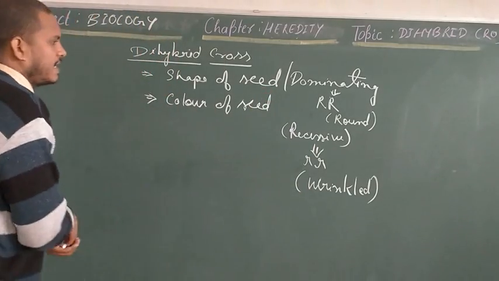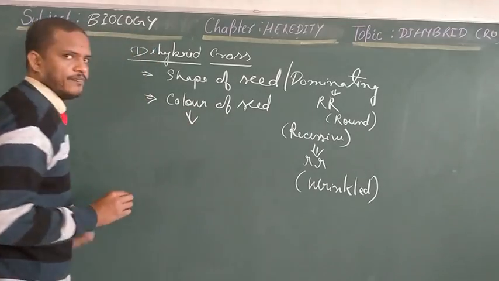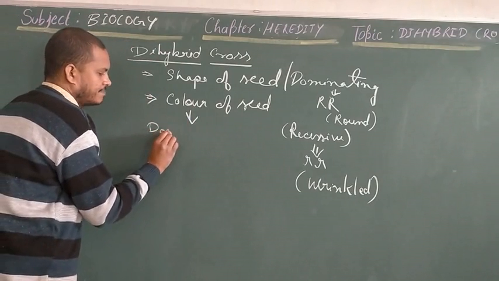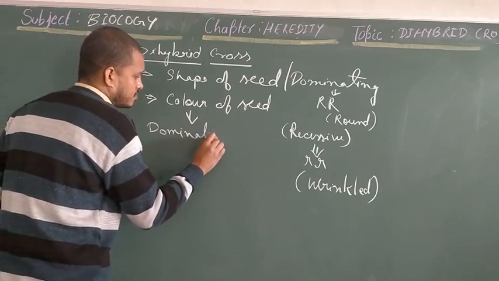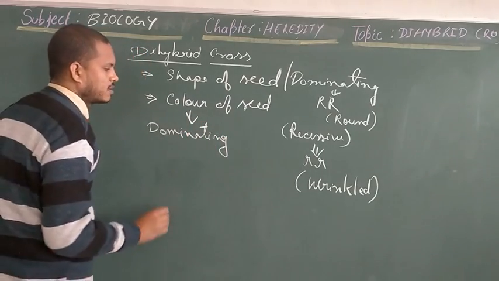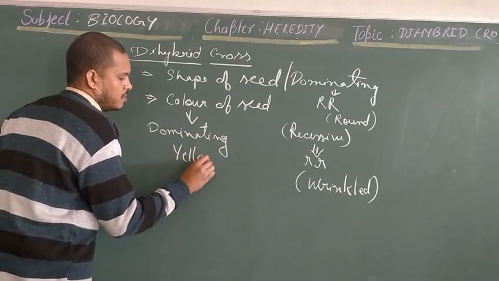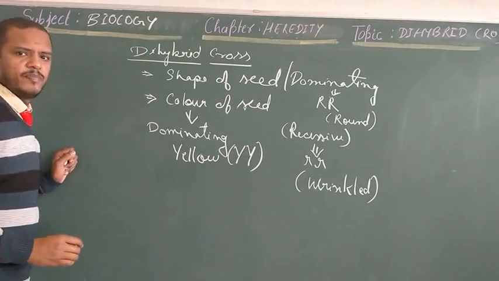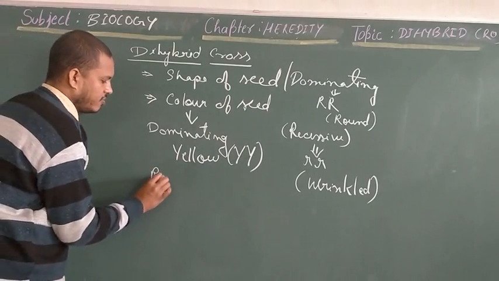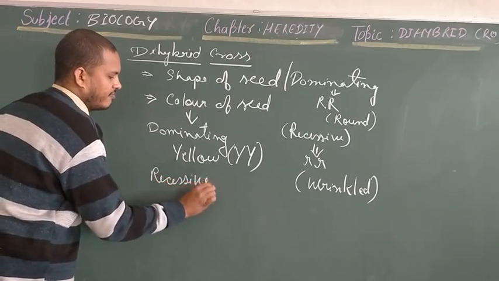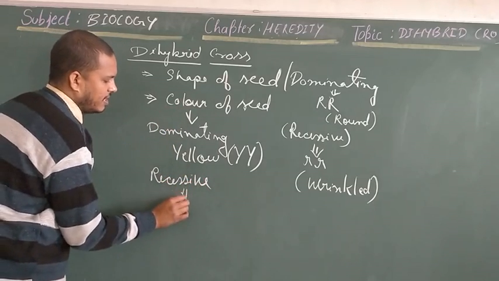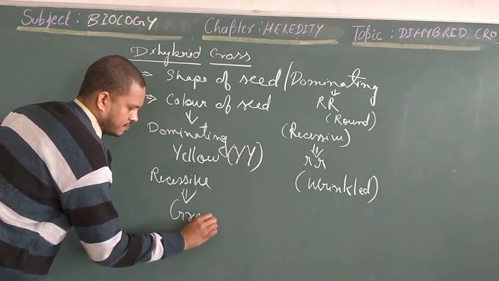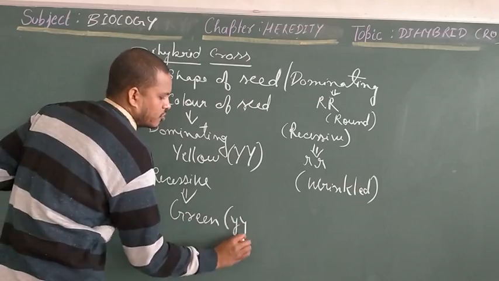This is the first trait. The second trait is the color of the seed. In the case of color, the dominant one is yellow, represented by capital Y, and the recessive one is green, represented by small y.